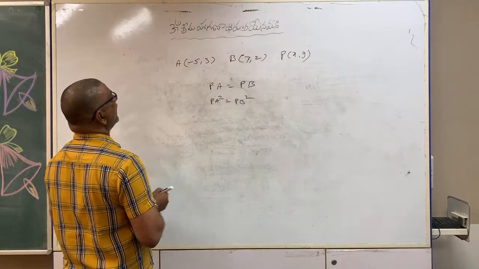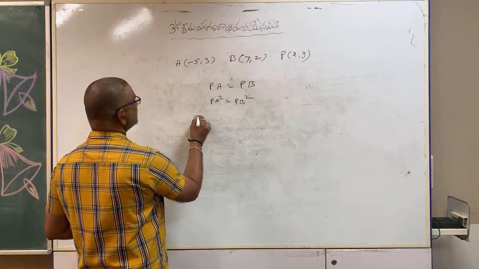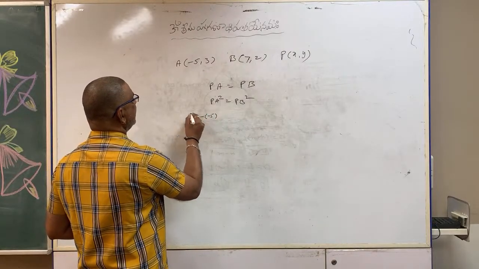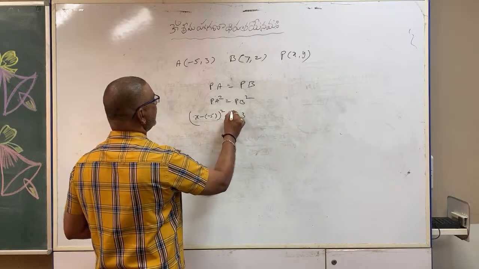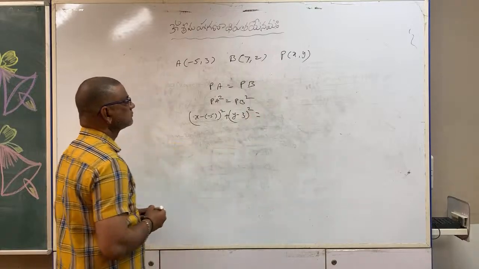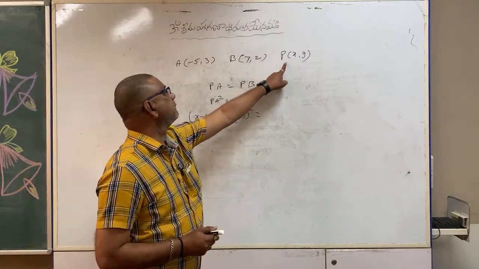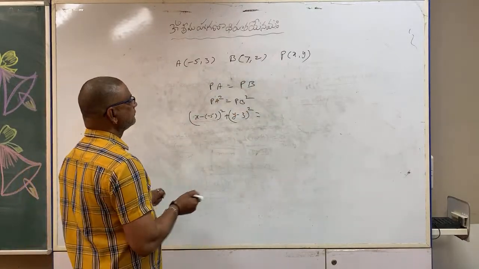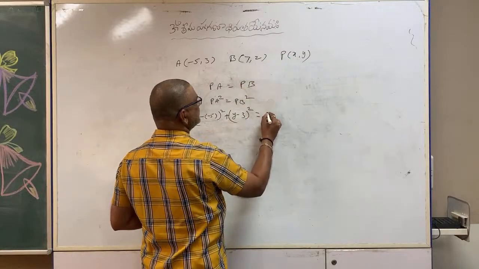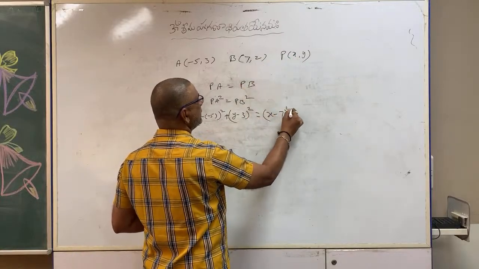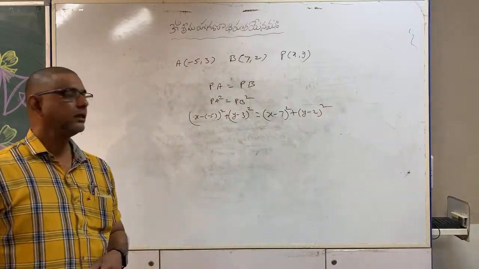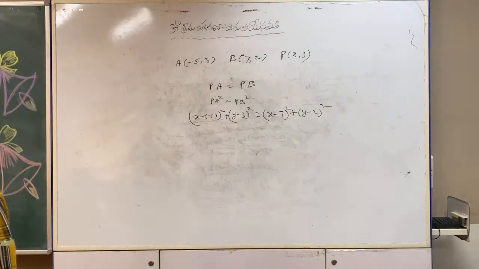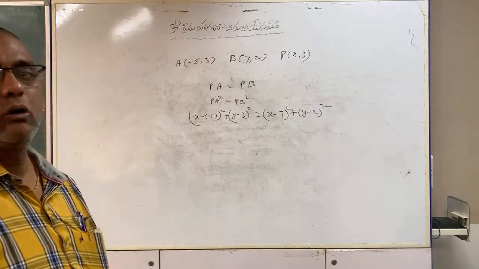What is PA squared? (x minus of minus 5) whole squared plus (y minus 3) whole squared. Now PB squared is (x minus 7) whole squared plus (y minus 2) whole squared.